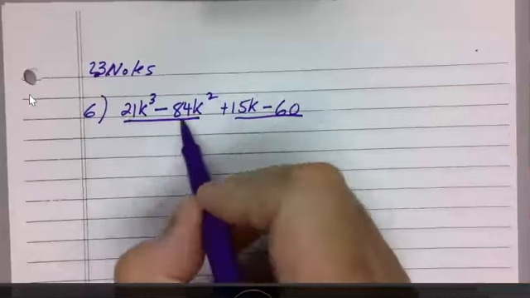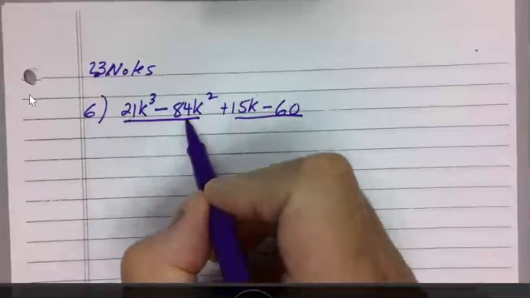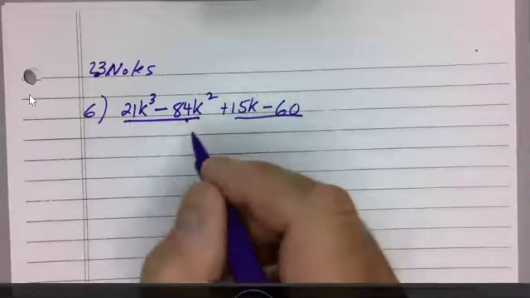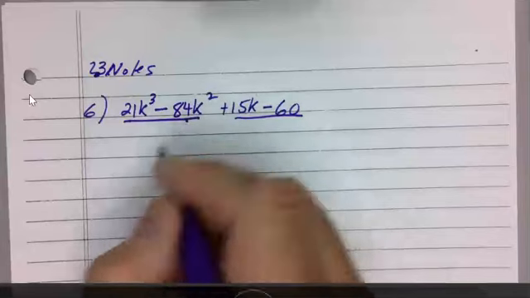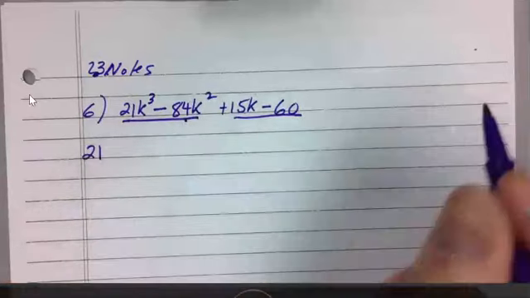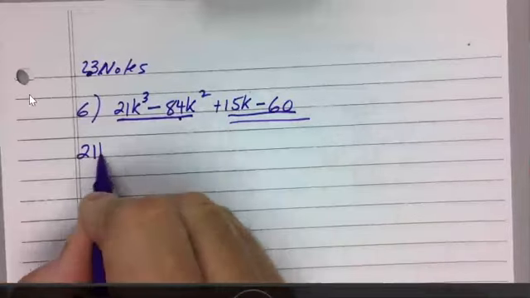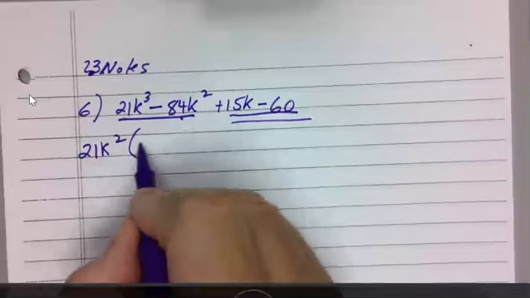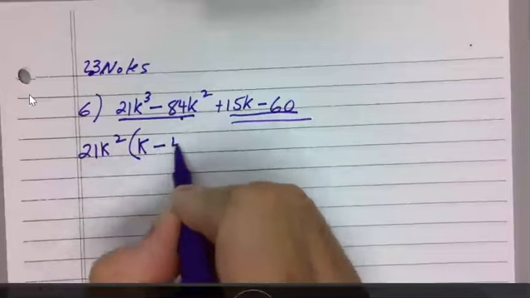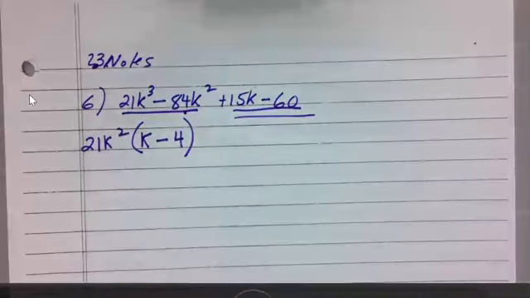Does 21 go into 84? Yeah, it does. How many times? 4, correct? So 21 goes into both of them, and then what do we use for k cubed and k squared? K squared. So that gives me k minus 4. Everybody see where I'm at?